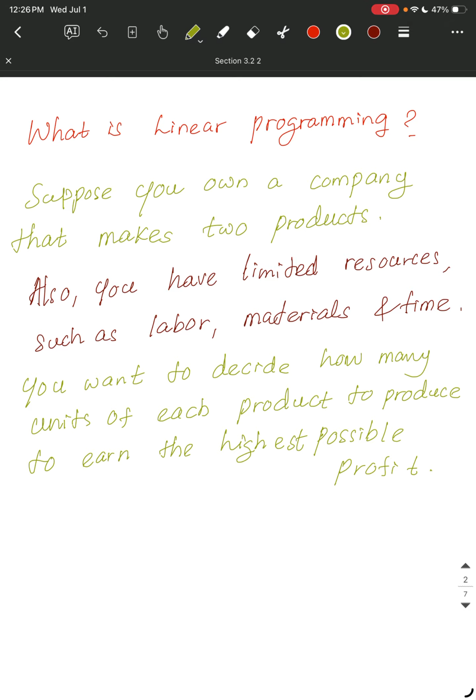The linear programming problem helps us identify the objective function, or what we want to optimize.